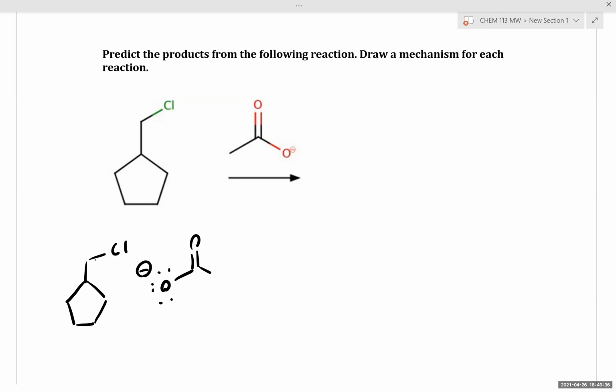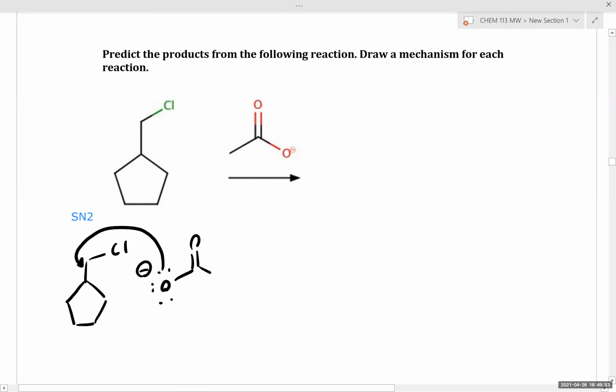What's the formal name for this nucleophilic displacement reaction? Just an SN2. Yep, exactly.